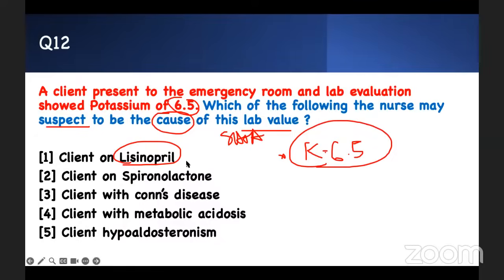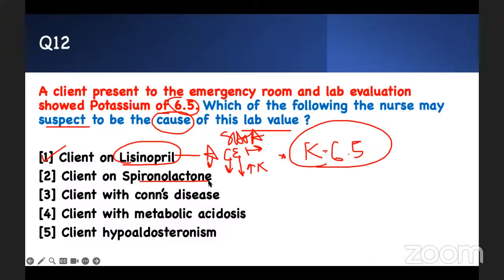You bring your content. Lisinopril is an ACE inhibitor. It causes angioedema, cough, and an electrolyte problem, and that electrolyte is your potassium. It's also teratogenic, so you cannot use it in a pregnant lady. Therefore, this is a problem.